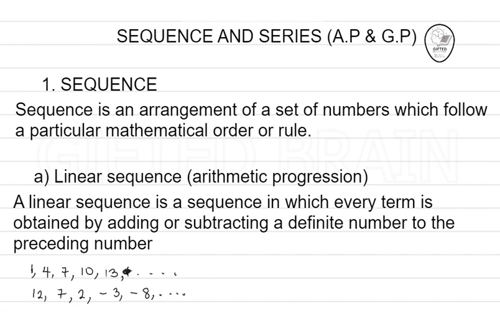What do you think is happening now? We can say we are subtracting 5 to get the next term, because 12 minus 5 gives 7, and 7 minus 5 gives 2. Or you can say you are adding -5 to a term to get the next term. So that is an example of a linear sequence.